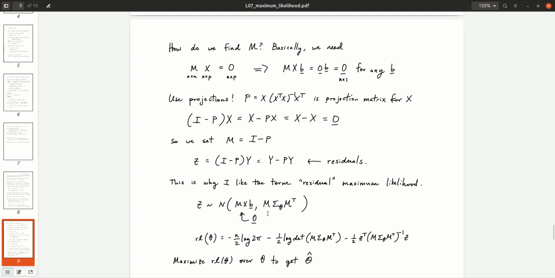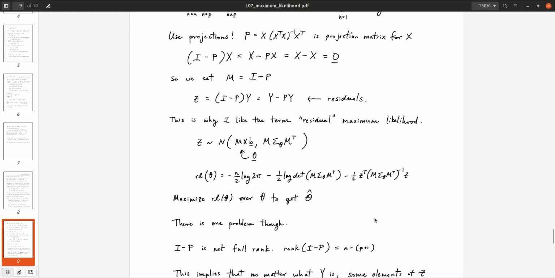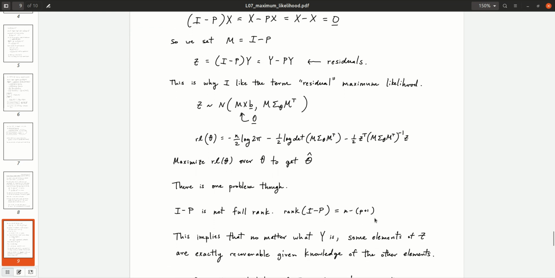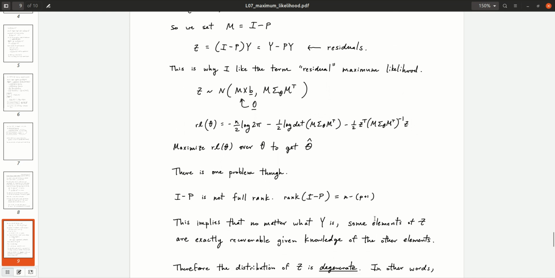And the covariance matrix is m sigma theta m transpose. And since it's multivariate normal, it has the multivariate normal likelihood, and we maximize this thing over theta to get theta hat. And notice that this equation doesn't contain any b's. It doesn't depend on the regression coefficients at all. So this is really nice, but there is one problem.